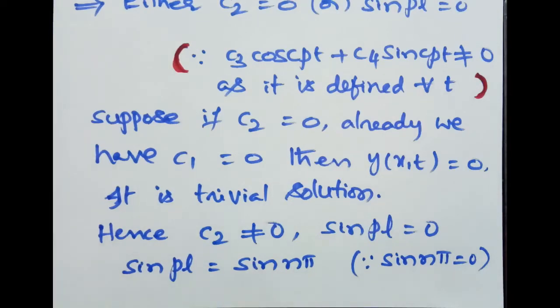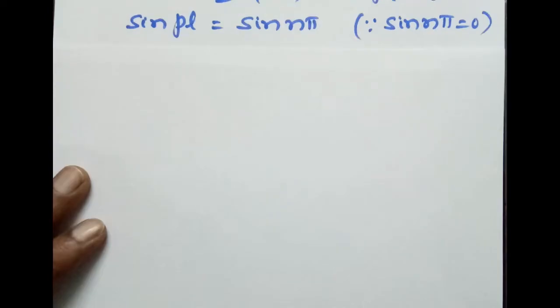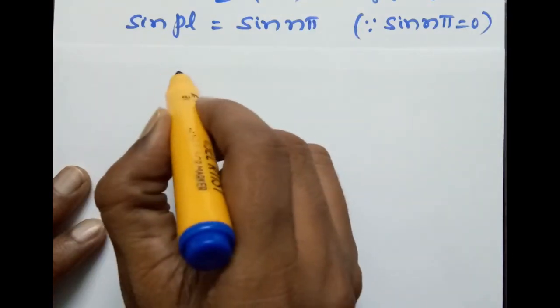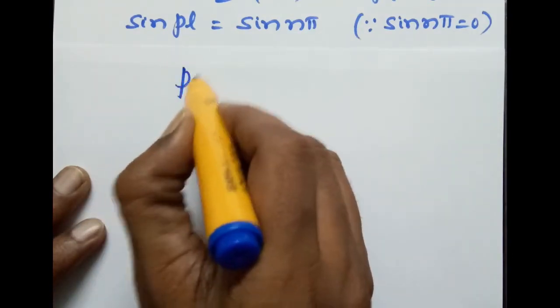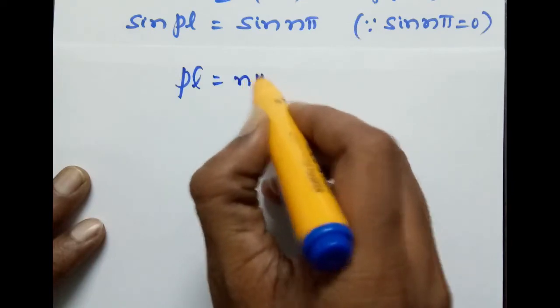Sin PL equal to sin n pi means the same trigonometric ratios are equal, and this is only possible when PL is equal to n pi.